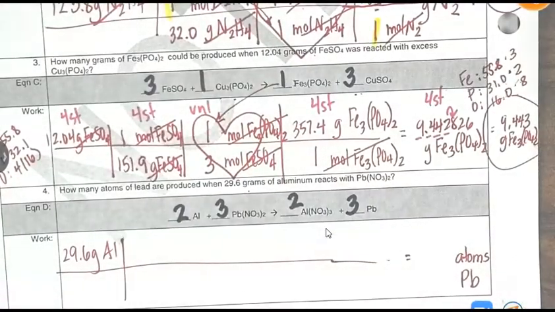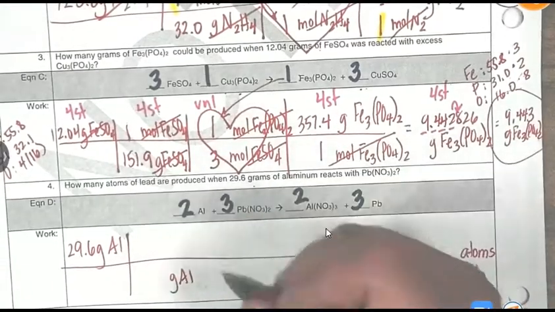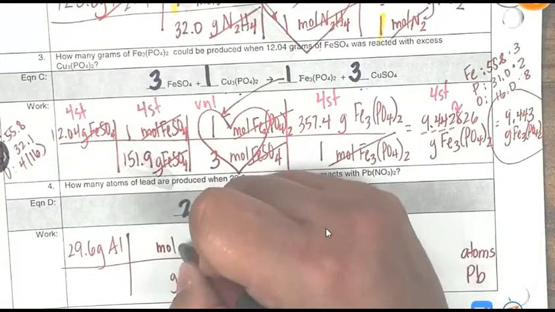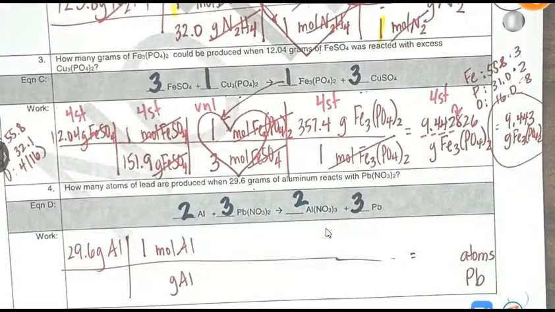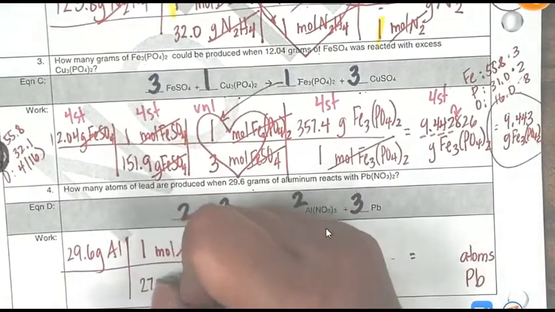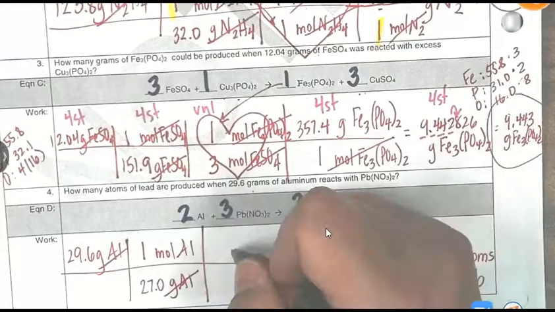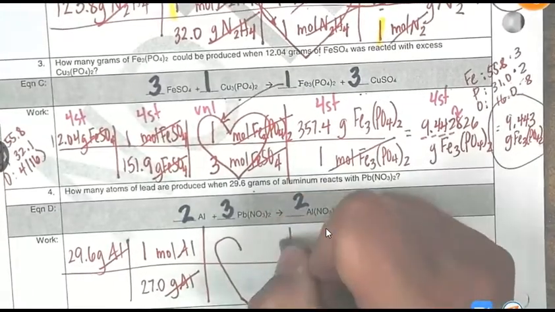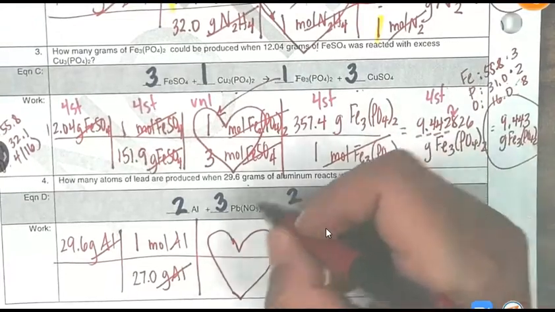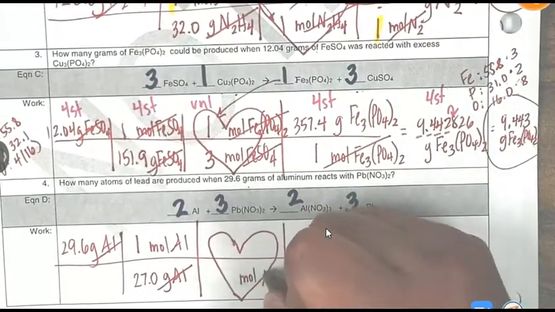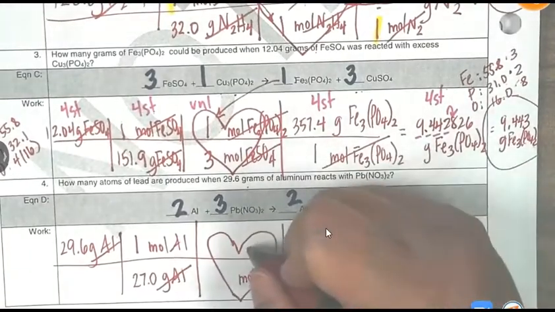So here we go. I want grams of Al to cancel. The only way I can do that is by using moles of Al on top. 1 goes with the mole. It's not a mole ratio. The molar mass of Al is 27.0. Grams of Al cancel. The next step is where I can use my mole to mole ratio. Not my best heart there, right? Mole of Al over moles of Pb.